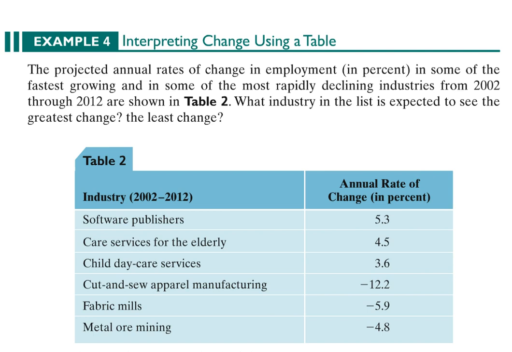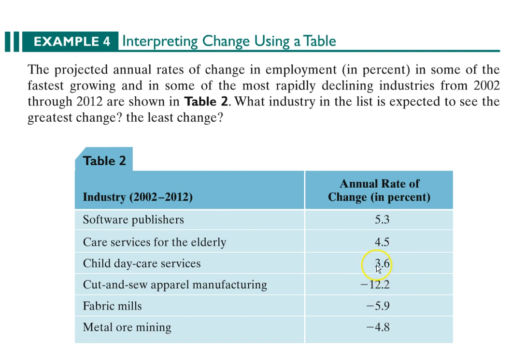Now, here, again, you don't have to copy the chart down, but let's just look at it here. Because we're looking to see the greatest change and the least change. So as we look at this, which is going to be the least? Well, here we're looking for absolute values.